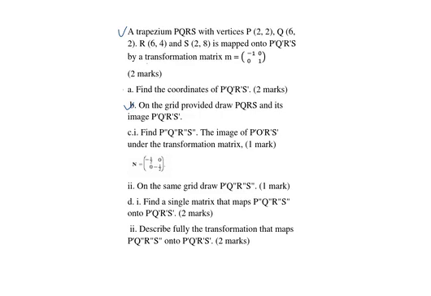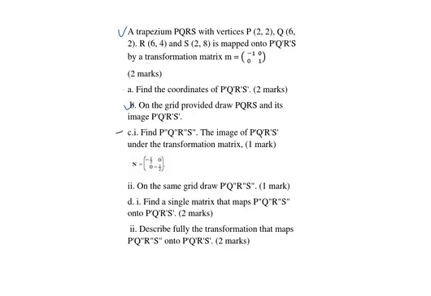Part C, Roman 1, find P'', Q'', R'', and S'', which is the image of P', Q', R', S' under the transformation matrix, which is N, given as [-1/2 0; 0 -1/2].